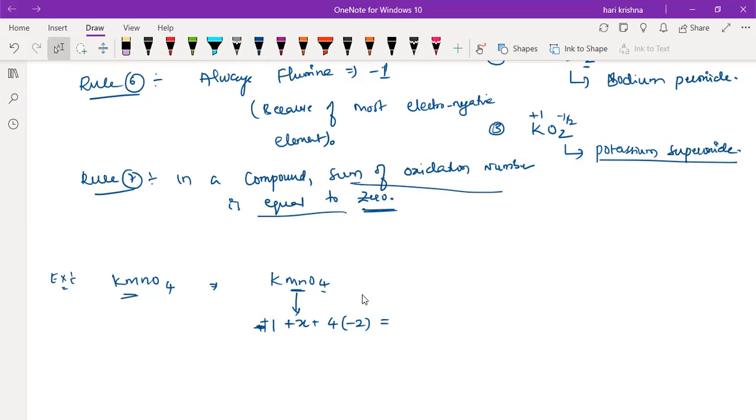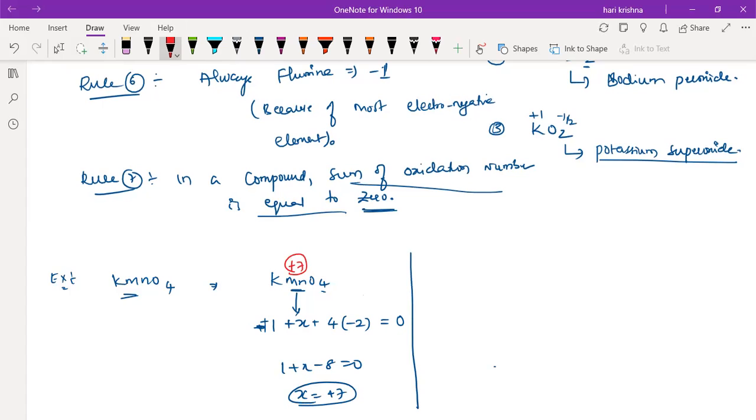So 1 plus x minus 8 equal to 0. So x equal to +7 only, right? Understand how to find the oxidation number? Yes, sir. So x equal to +7. In this way we will find it.